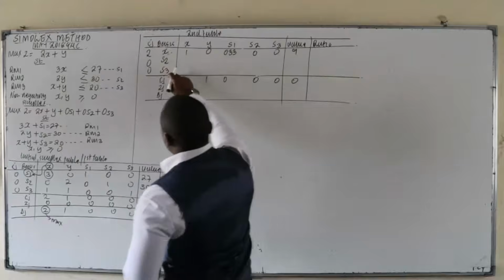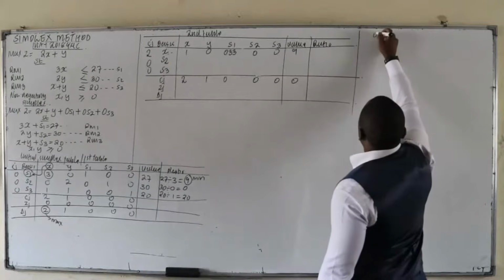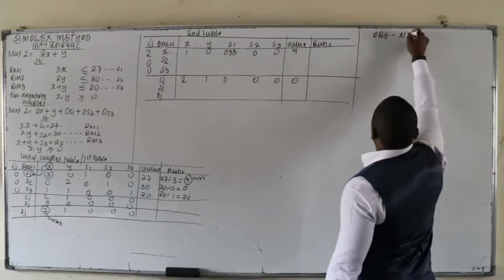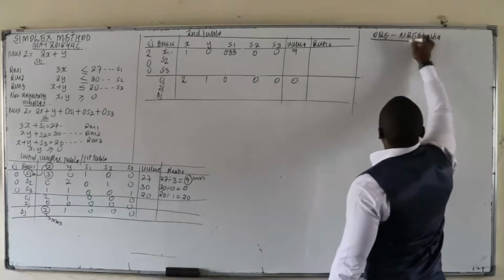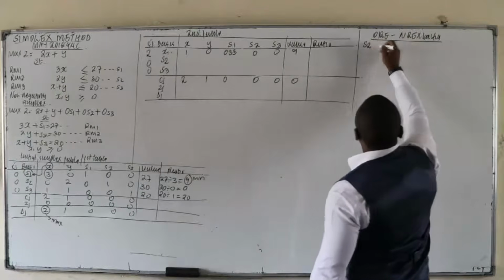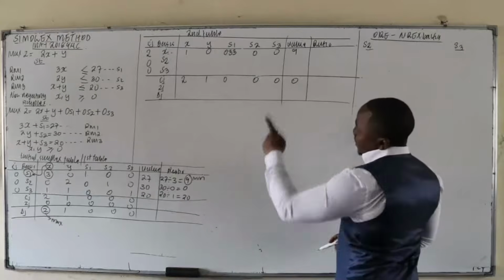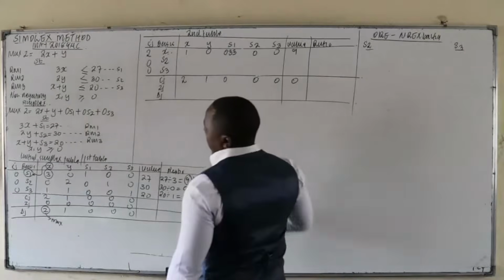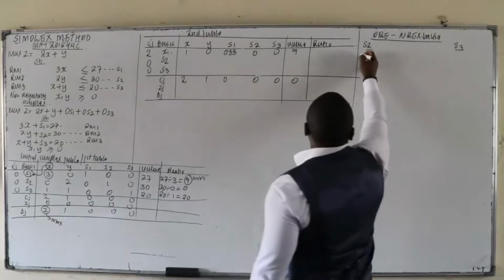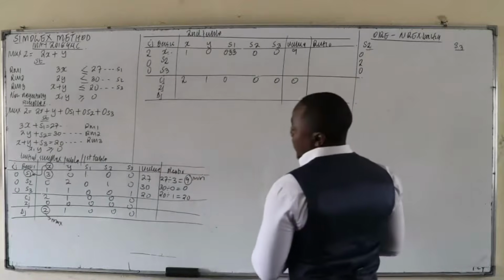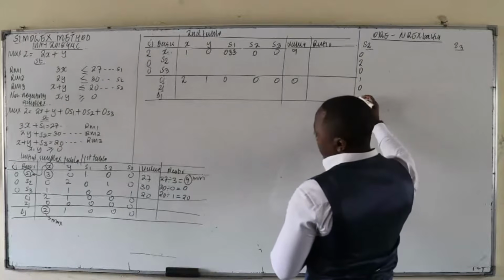So how do we get for S2 and S3? To get S2 and S3, you take the original row element minus new row element times the balancing figure. Compute for S2, S3. Original row element for S2. You had 0, 2, 0, 1, 0.